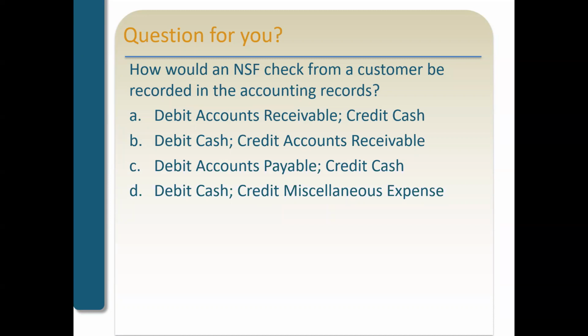Would it be a debit to cash and an accounts receivable credit? Would it be a debit to accounts payable and a credit to cash? Or would it be a debit to cash and a credit to miscellaneous expense? What do you think?